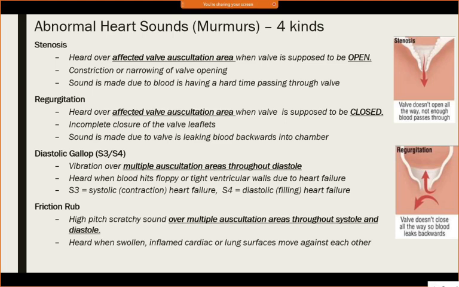It is supposed to be closed. It's not flowing out. It's only supposed to be open during systole. So if the valve is supposed to be closed, you have a regurgitation. If the valve is supposed to be open, you have a stenosis. If you only hear the murmur during diastole and it's an outflow valve, you have a regurgitation.